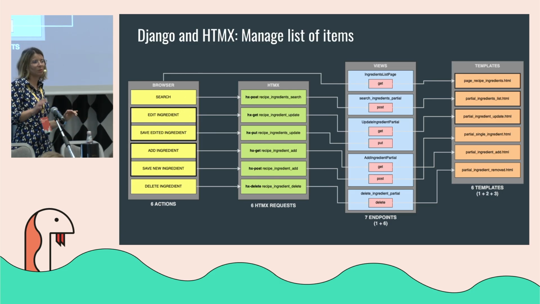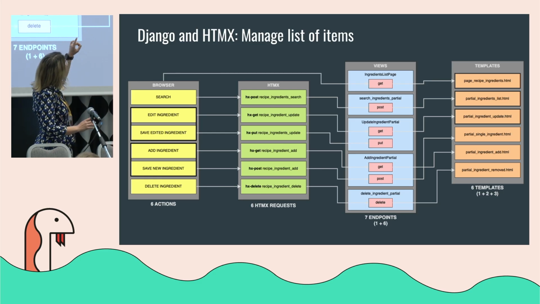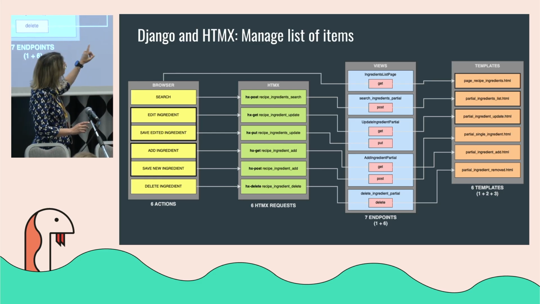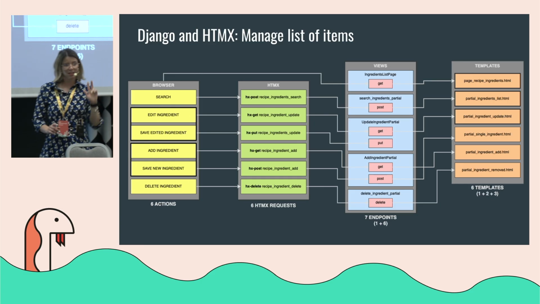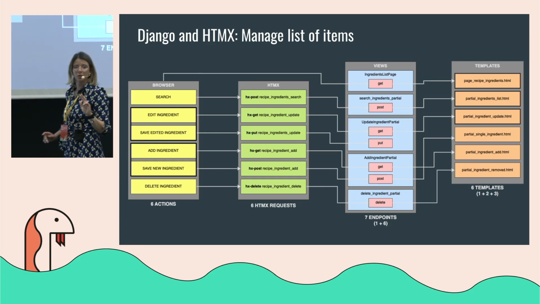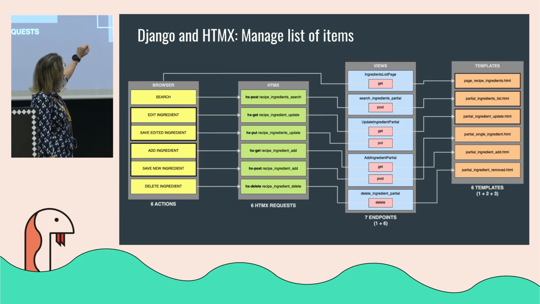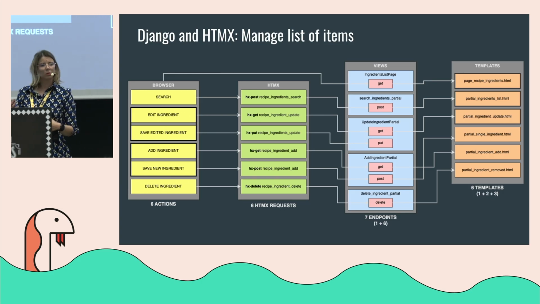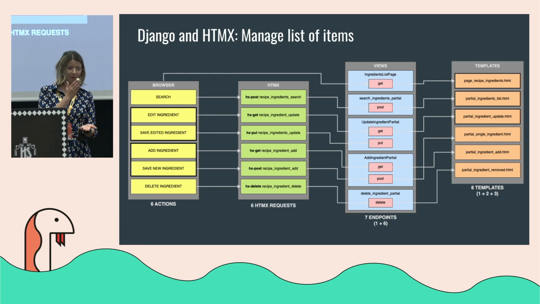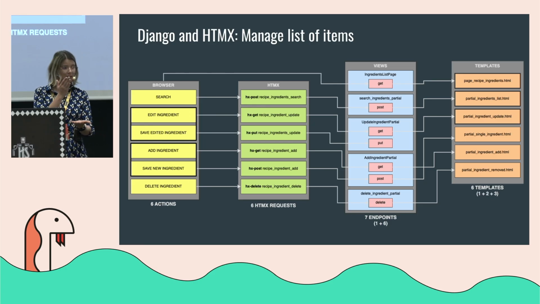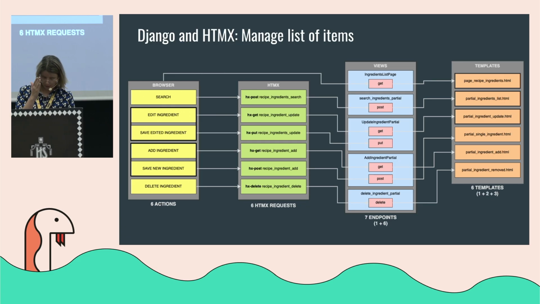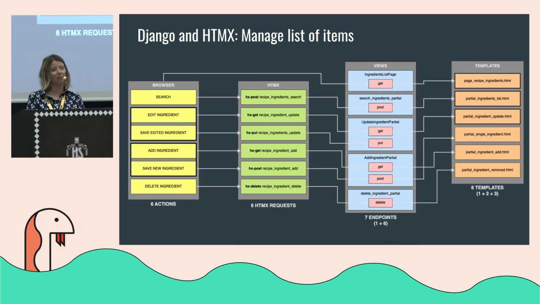I mentioned this is the most interesting part, because the partial single ingredient is actually returned twice, 3 times if we also account for the one that is loaded by the browser. If you check, both add ingredient partial and update ingredient partial return the updated or newly added detail. This is why HTMX doesn't necessarily mean I have one HTMX request, one template, and one view. This can be combined and can cause multiple things.